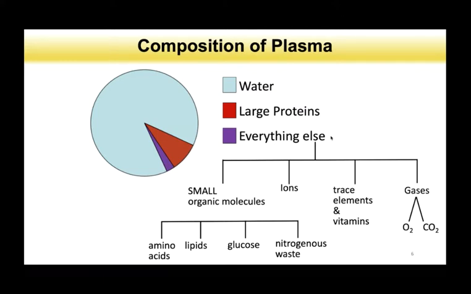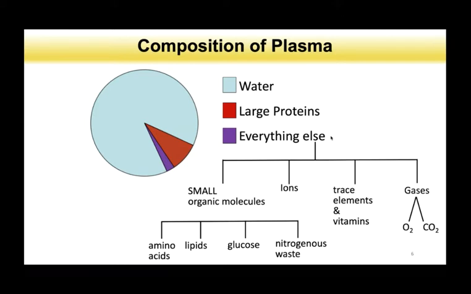So other than water, we've got big old proteins, which we'll talk about in a second, and then everything else. So we've got ions, which again, electrolytes: sodium, potassium, chloride, magnesium, calcium.